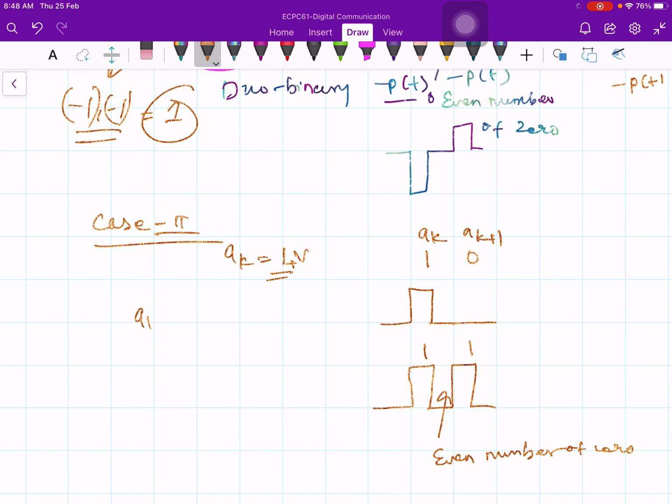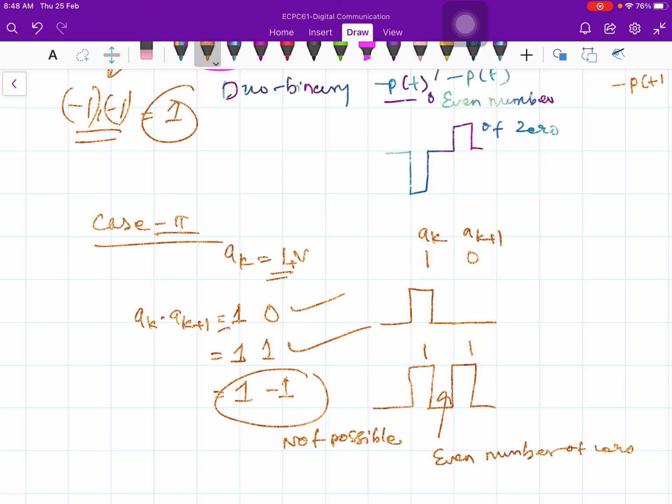Therefore, AK times AK plus 1 can take the value. We assumed 1 here. So 1, here also 1, and here also 1. The next bit can be 0, no signal, or plus 1 or minus 1. But this minus 1 is not possible as per the duo binary coding scheme. So this is possible and this is possible. But if this one gives 0 contribution, the product of 1 and 0 is going to be 0, no use.